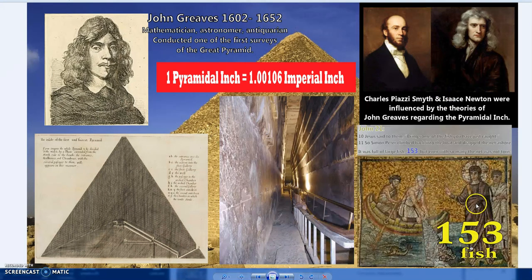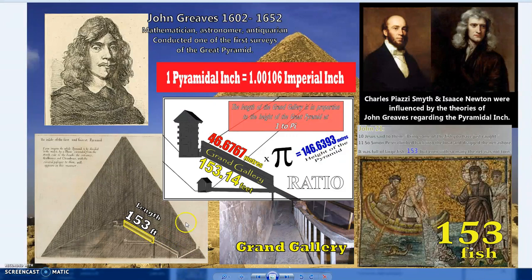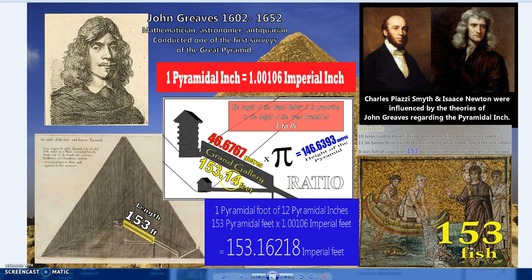So, for instance, the miraculous draft of fishes, John 21:10, 153 fishes. The Grand Gallery originally meant 153 feet. Now, without going into whether it was pyramidal inches or pyramidal feet, let's just call it the accepted scale at that time, but either way, 153.16 feet, or that would be also 153.14 or 16.